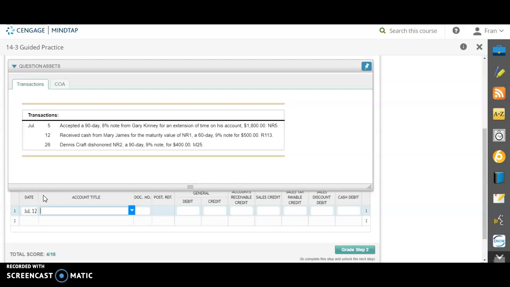And this is notes receivable. Document number is receipt 115. Okay, so this is not an accounts receivable, this is a notes receivable. So that's going to go here in the credit column. And the amount is $500.